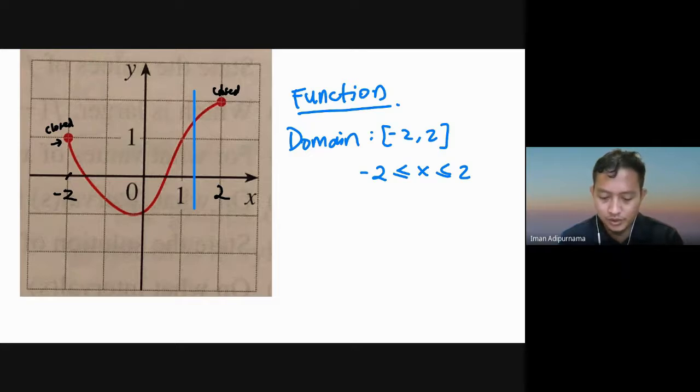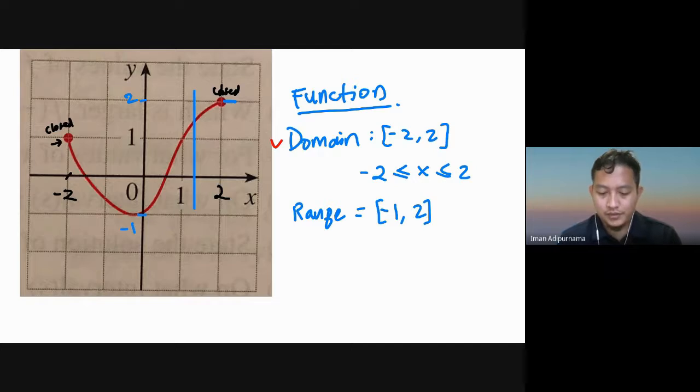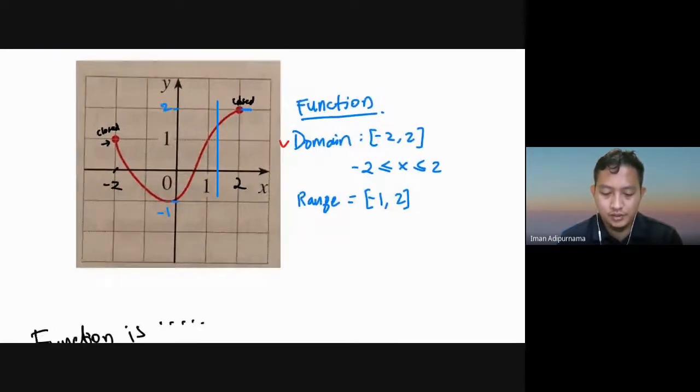If you want to check the range, we can check it from the y-axis, right? So here, and the max will be here. So this is 2, this is -1. So you can have -1 to 2. But I think the question is just asking for the domain.